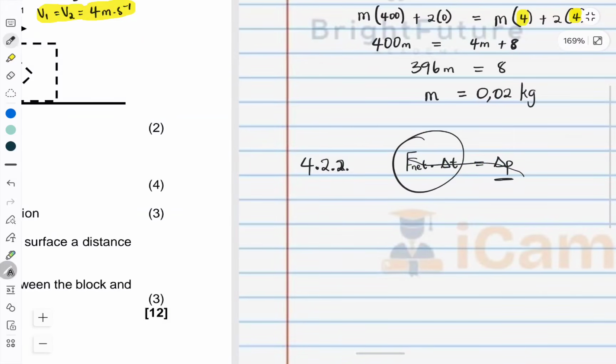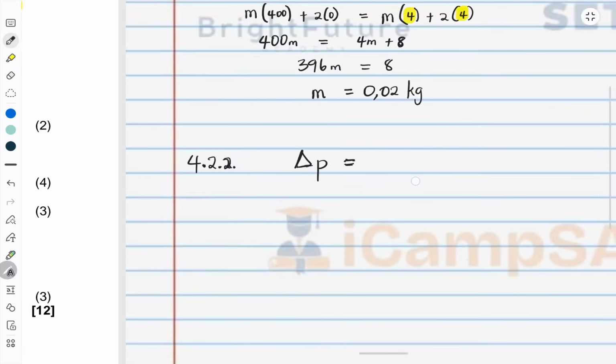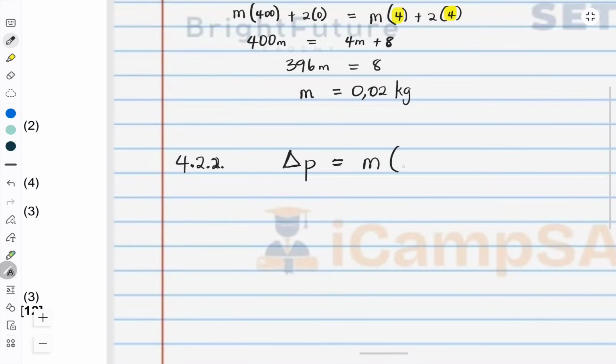So, therefore, impulse is equal to just the change in momentum. So we can say m times (vf minus vi). Some people prefer writing it out like this: final momentum minus initial momentum, which is mvf minus mvi.